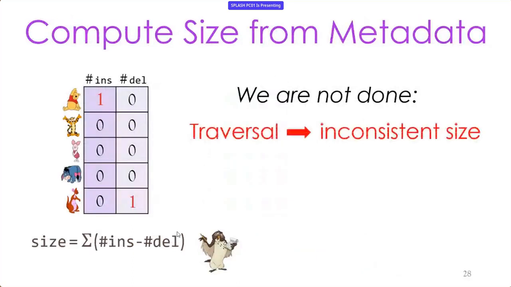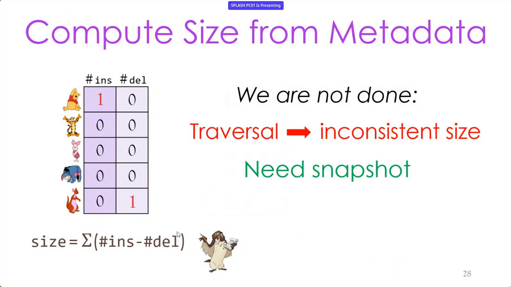All right, so we're not really done, because having a simple traversal is not going to work here, because we might obtain a collection of values that never coexisted in the array. What we need to do instead is to take a snapshot of this metadata array, and then compute the size in this form from the snapshot of values.